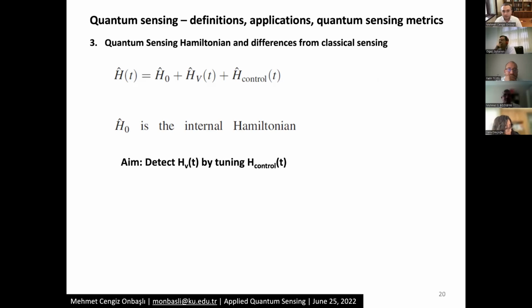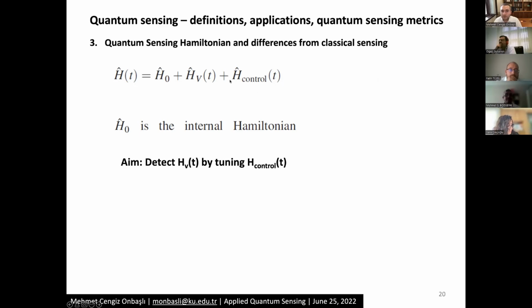One is the internal Hamiltonian that depends on the implementation. So superconducting systems or diamond NV systems or others can have their own internal Hamiltonians, but the core idea is that we want to have our external signal that is also modulated or controlled with our control signal.